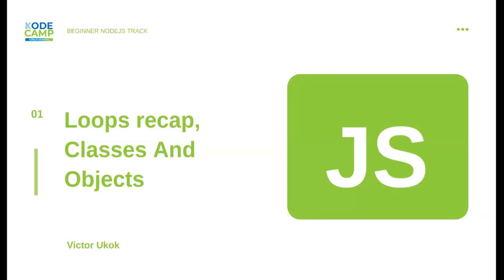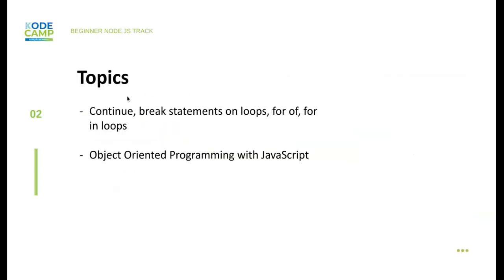We might also look at private properties, classes and their private properties, and how they behave. So that's what we are going to cover. We'll talk about continue and break statements, then for...of and for...in loops. Then the next thing we are going to do is object-oriented programming with JavaScript.